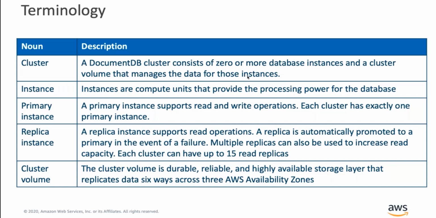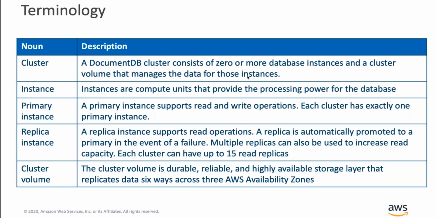So let's say you were to go to the console and go to DocumentDB, the first thing you'll do is create a DocumentDB cluster. Next, you have instances, and there are two types of instances, primary instances and replica instances. Instances, you can think of as compute units and the processing powerhorse for your database.